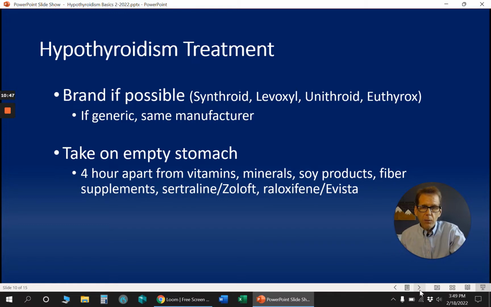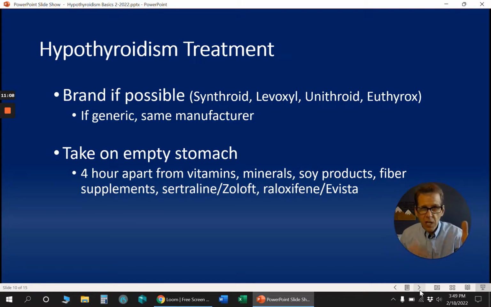Levothyroxine, or any of the brands, should be taken on an empty stomach, and at least 4 hours apart from vitamins, minerals, soy products, fiber supplements, a couple medications, sertraline and raloxifene, or any other substance that's known to interfere with absorption.